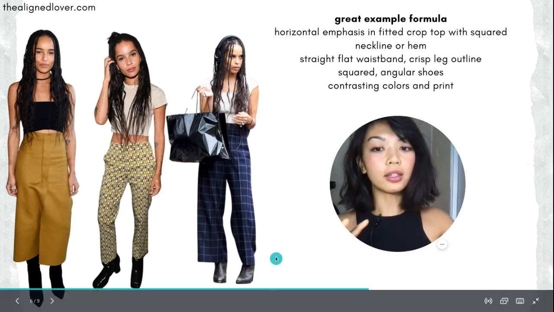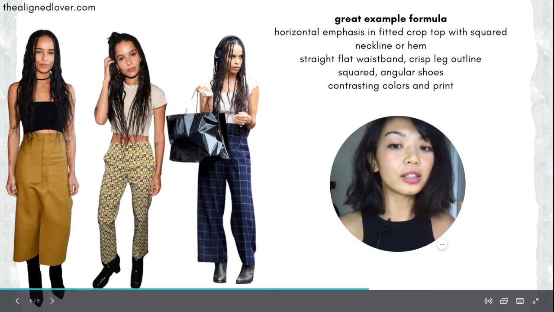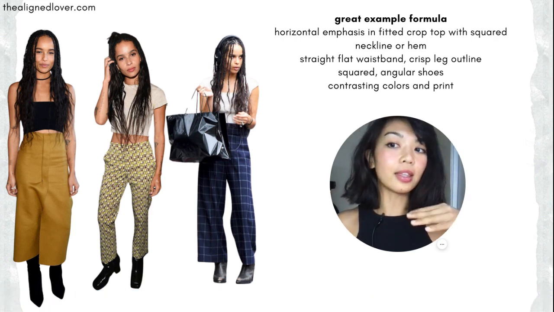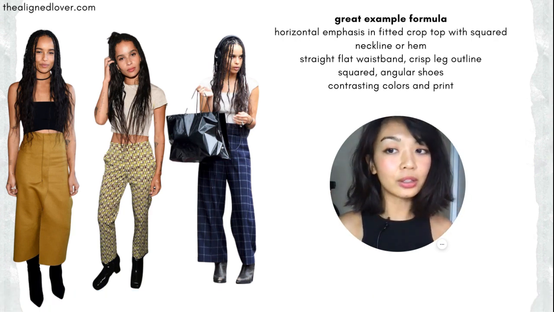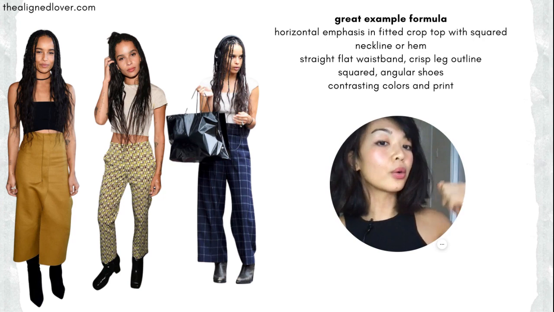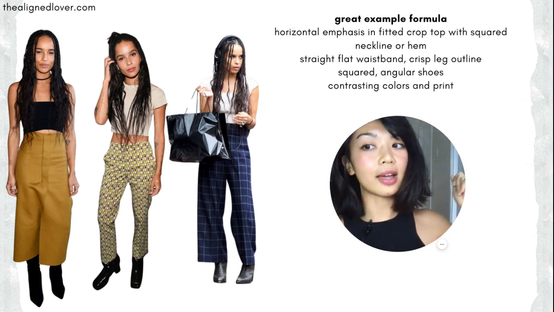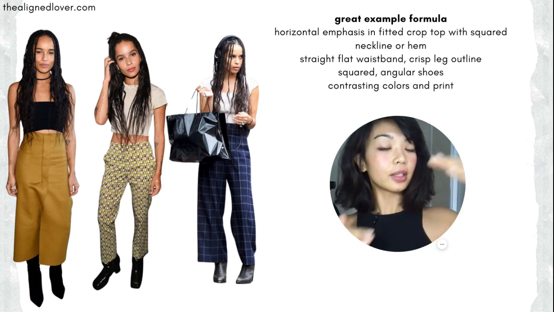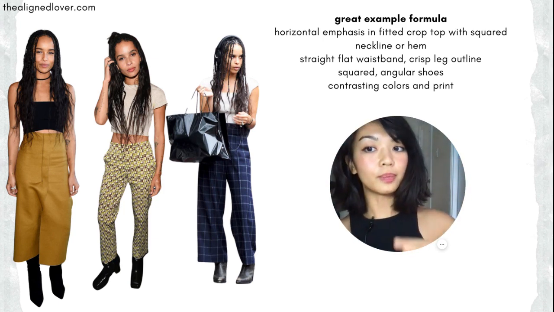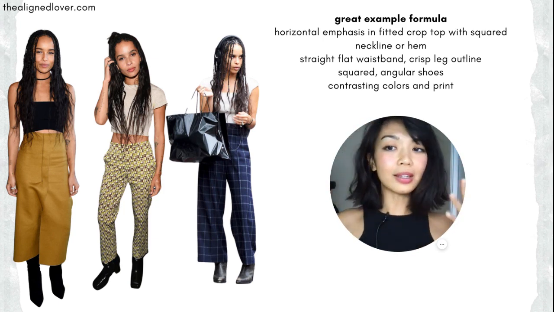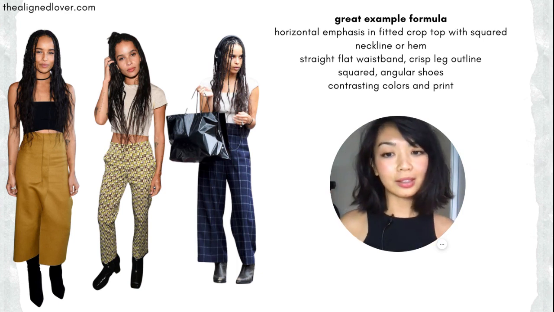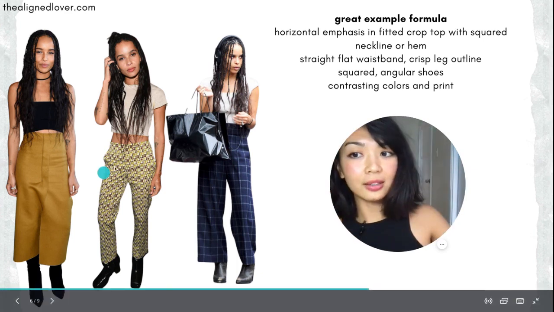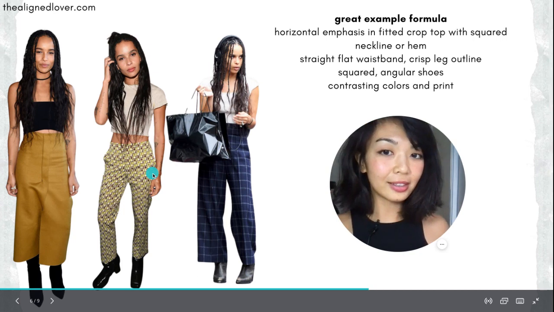Combined with the shoes that have a bit of that square edge, and then combining different pattern and color, we're getting that gorgeous definition, we're getting that segmentation of the look. It looks lively, it looks animated without having too many accessories or too many details. It's just a solid on a print.